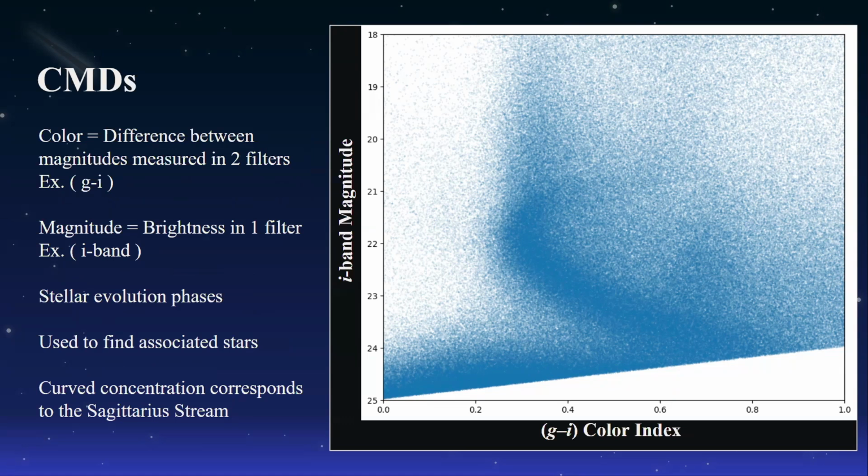As we can see, this shape is an isochrone. As I mentioned earlier during stellar evolution, it follows a similar shape because all of these stars are around the same age, but just have different masses. So we use this to find stars associated with RR Lyrae. And one quick thing I'd like to add is that the concentration shaped like a hockey stick towards the bottom of this isochrone is the Sagittarius stream.